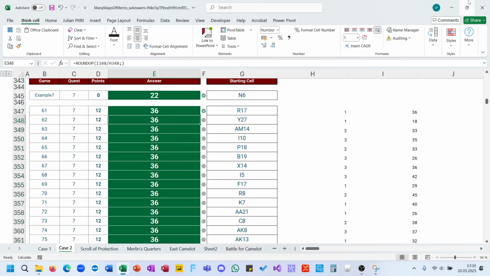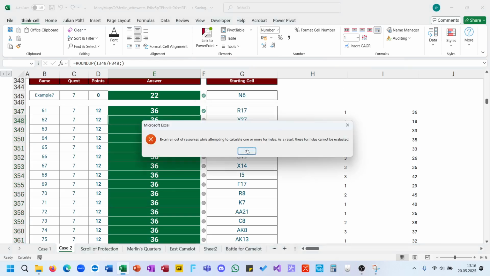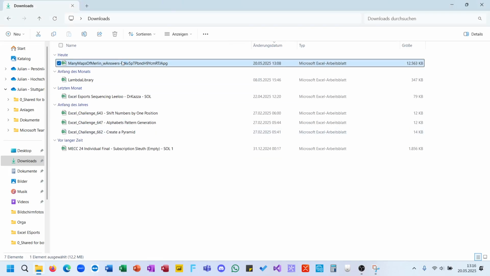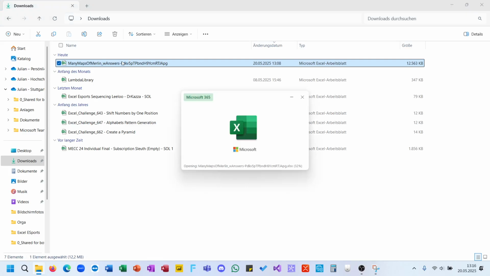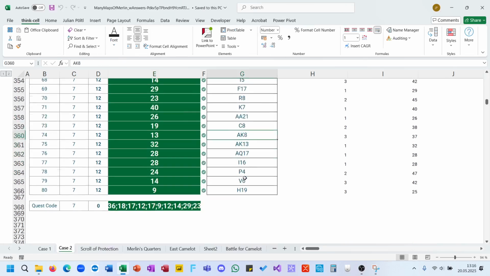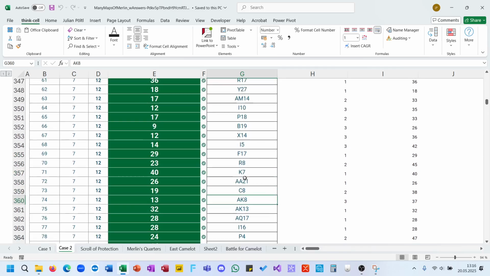This can't be the case. It could be that this is because of the indirect functions and my lambdas and everything, but I haven't had this problem since a few months, so I don't know what they did.